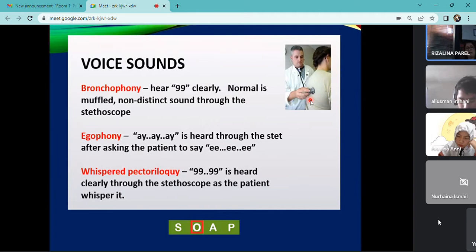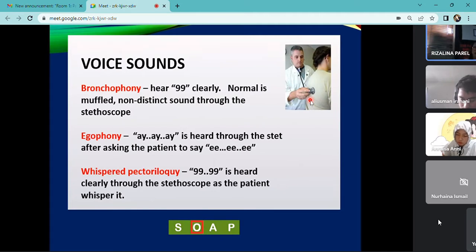It is clearer and more audible because there is less filtration, and the attenuation is concentrated in that area. So it is clearer when the area is consolidated, like in pneumonia.